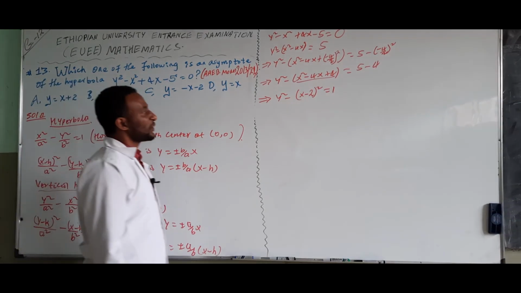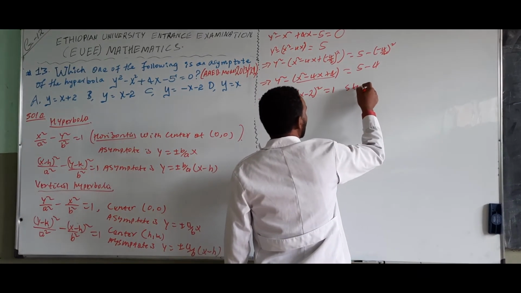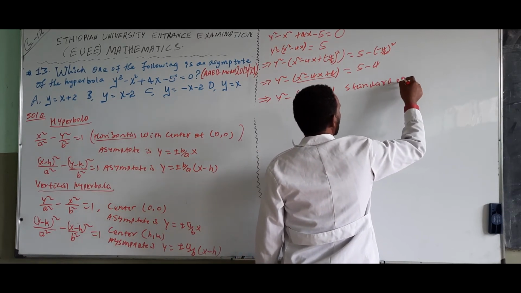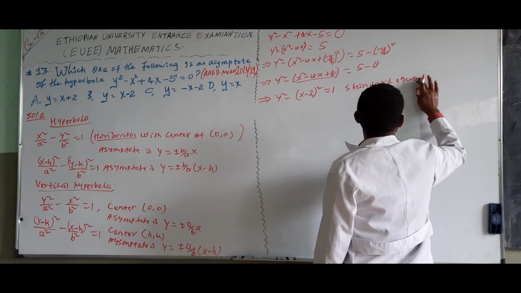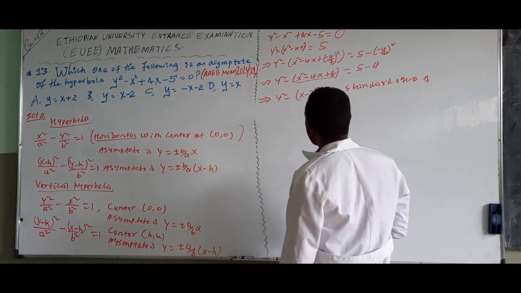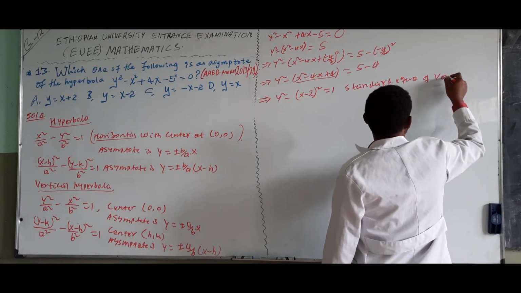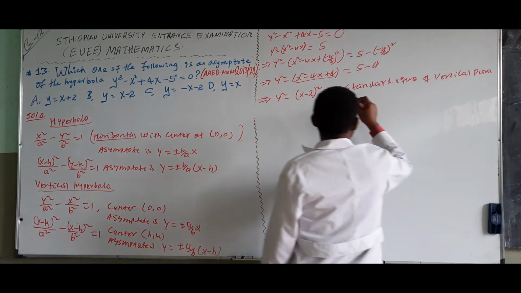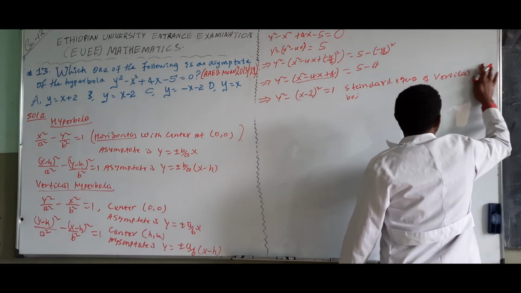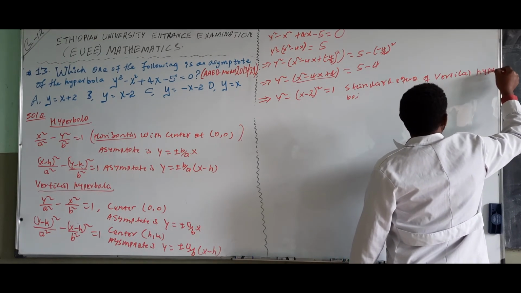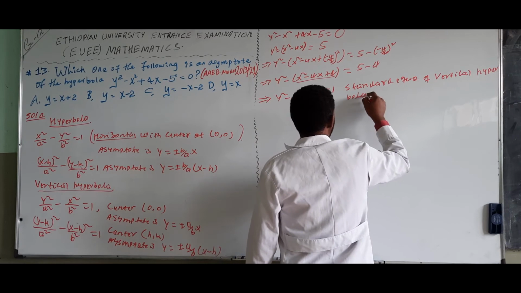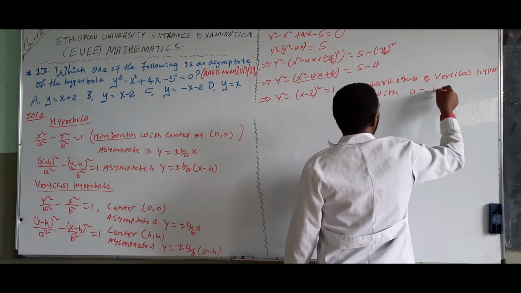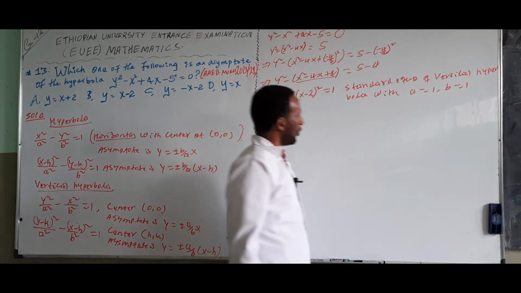This is the standard equation of a vertical hyperbola with a is equal to 1 and also b is equal to 1.